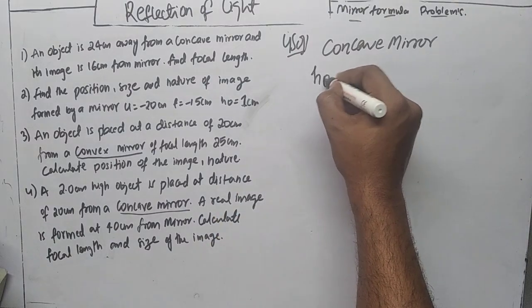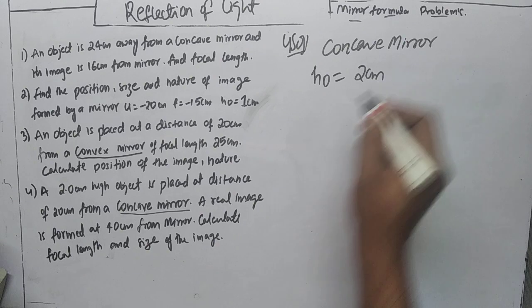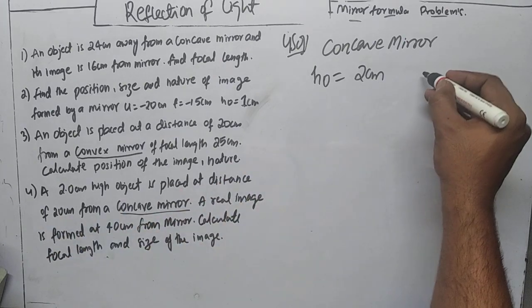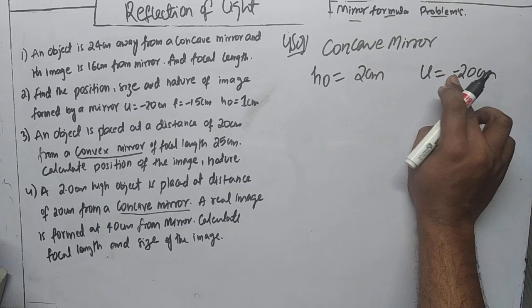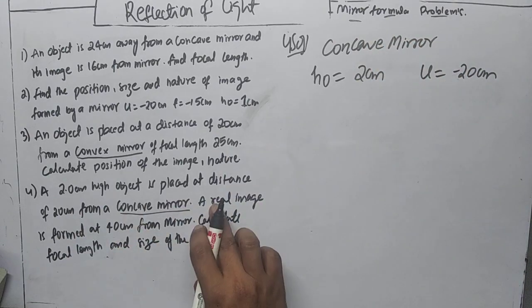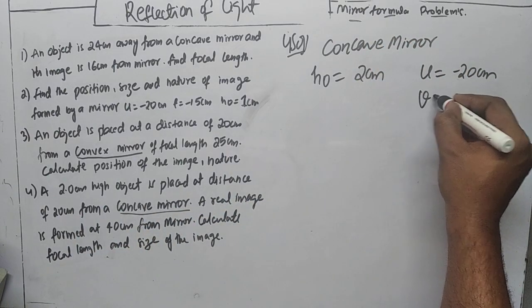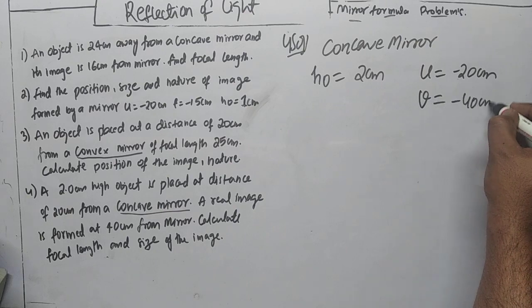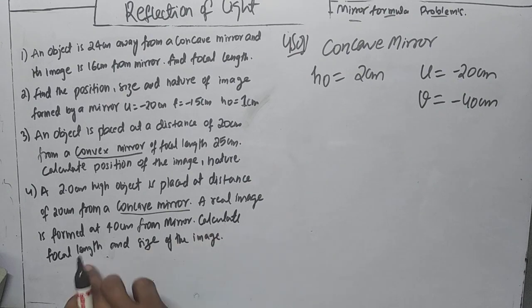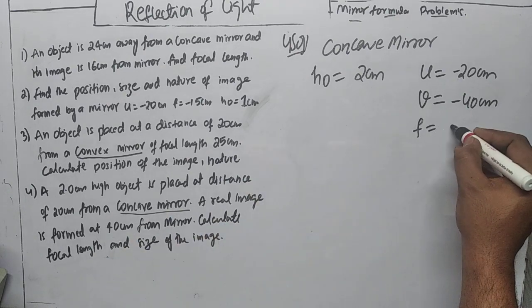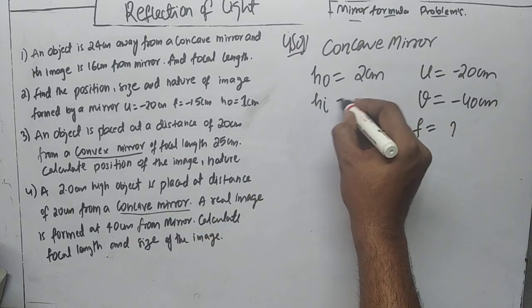So the height of the object is 2 centimeter, placed at a distance. So u value is given as minus 20, concave means we take minus, so minus 20. A real image is found at 40 centimeter, so minus 40 because it's concave. Calculate the focal length and size of the image.